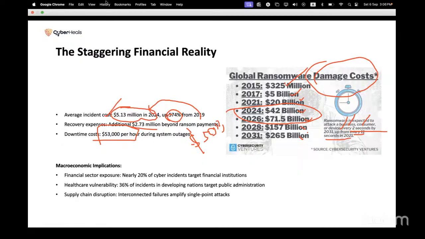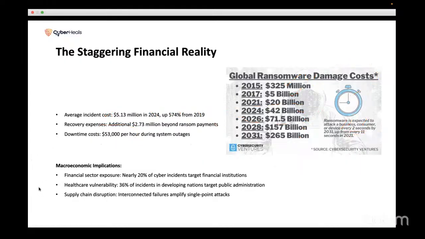So who is the most impacted sector? Who will they target? Any guess? Can anyone type? Who is my primary target in ransomware? Traders, governments.